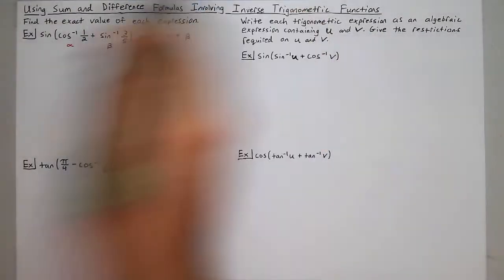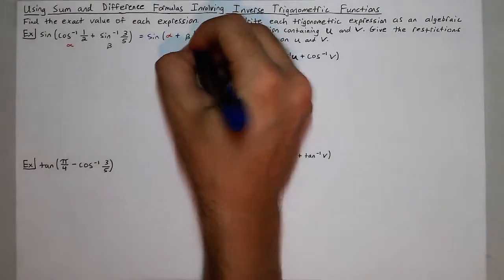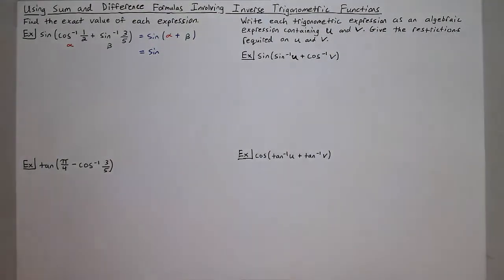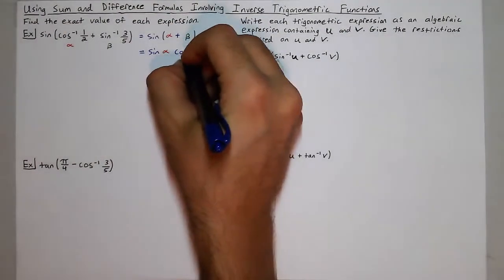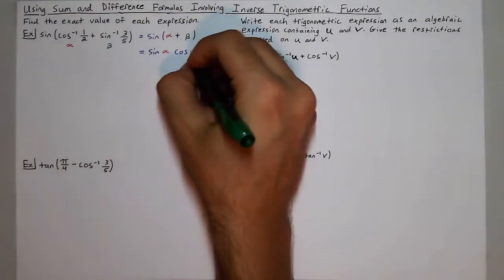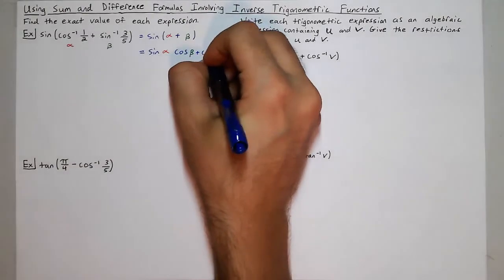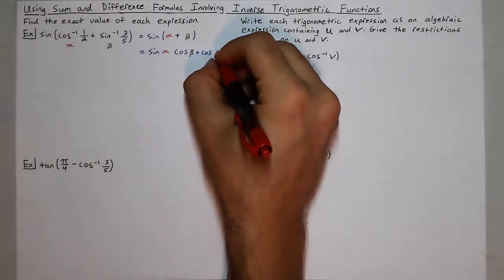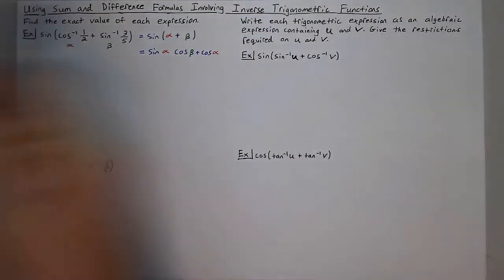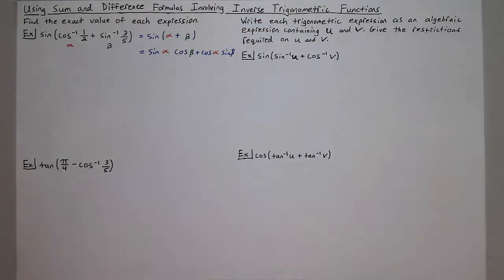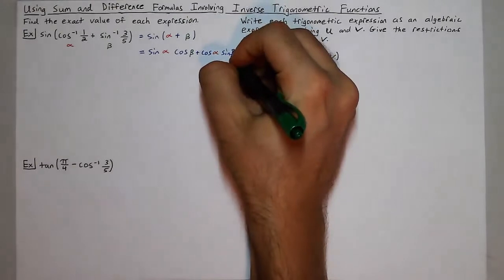In this way, I can use the sum formula for sine to get sine of alpha, cosine of beta, plus cosine of alpha, sine of beta. Put that in green.